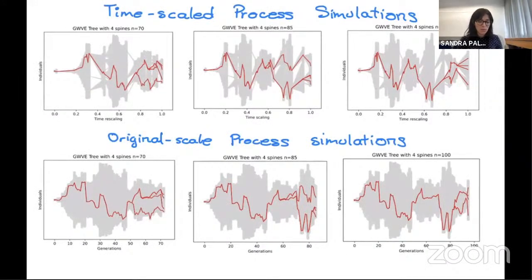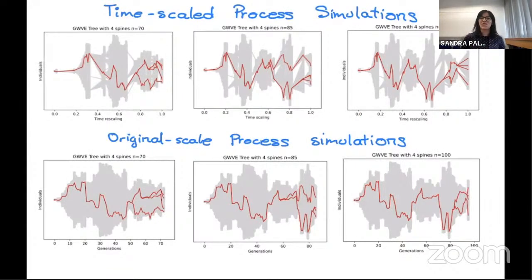Here below is the same process with the same seed, but without the time scale. As you can see, we always have these gaps, but since our process is critical, in the limit the gaps will collapse and will be smaller and smaller, and we will see almost the same picture, right?